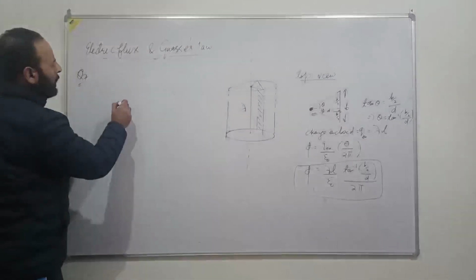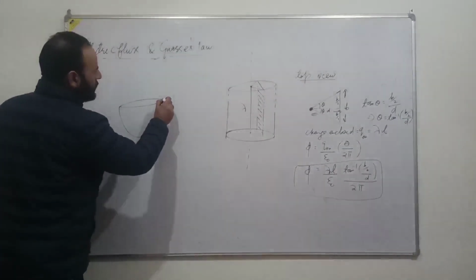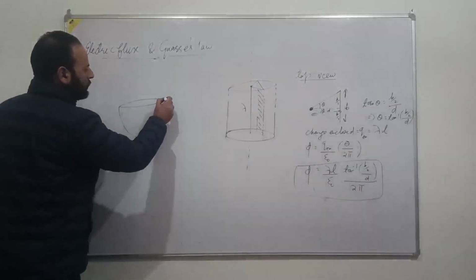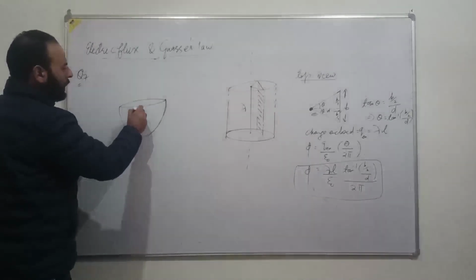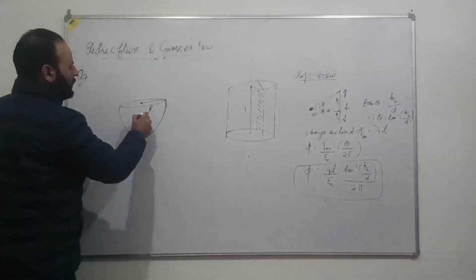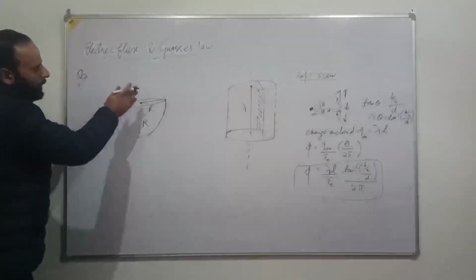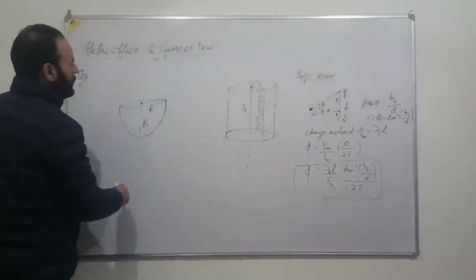We have a hemispherical bowl, say of radius r. It may not look symmetric, but just imagine it is a hemisphere.